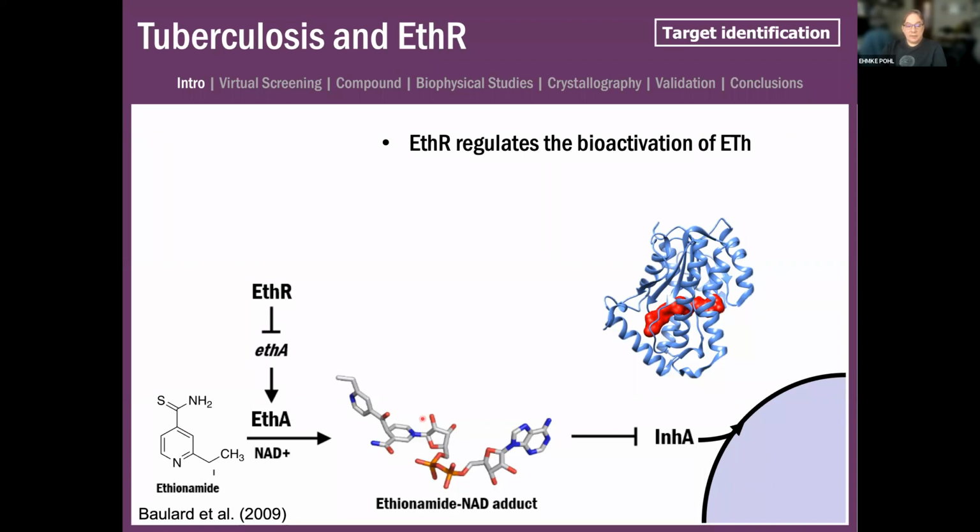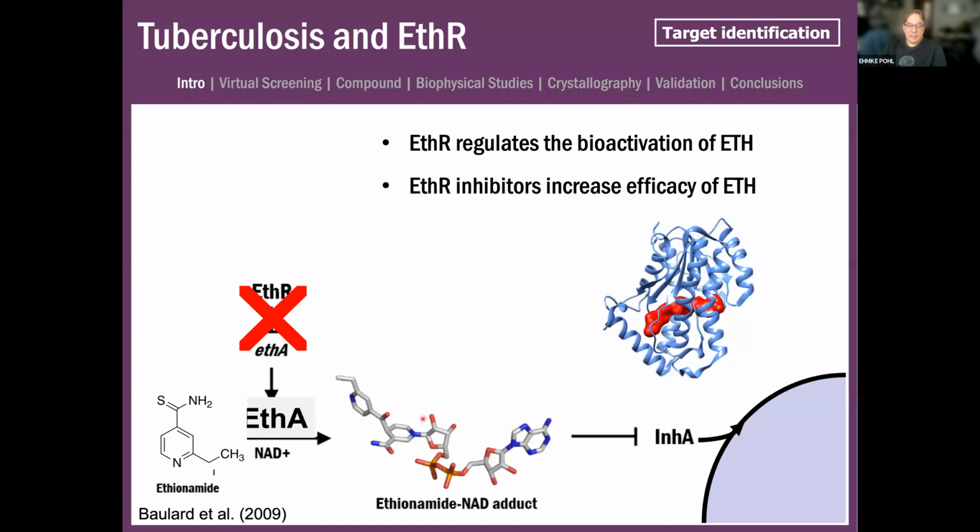About 10, 15 years ago, people realized that if we inhibit ETHR, the regulator, we increase the expression of ETHA, the protein that activates the prodrug into its active form. So basically, an inhibitor of this protein ETHR acts as a booster drug for ETH.